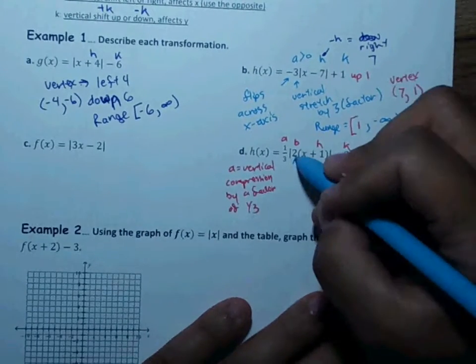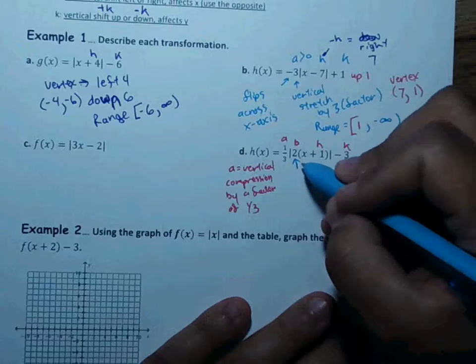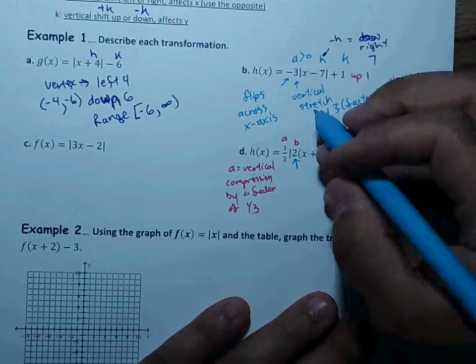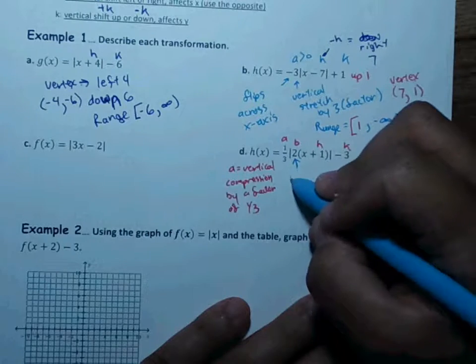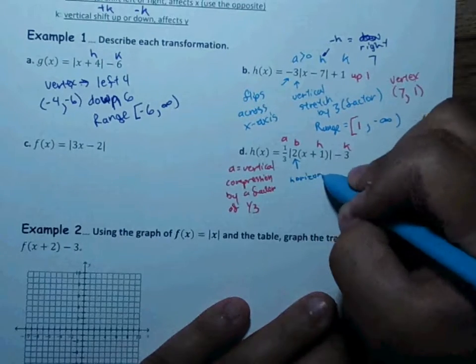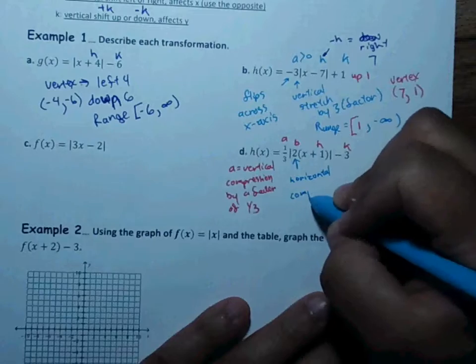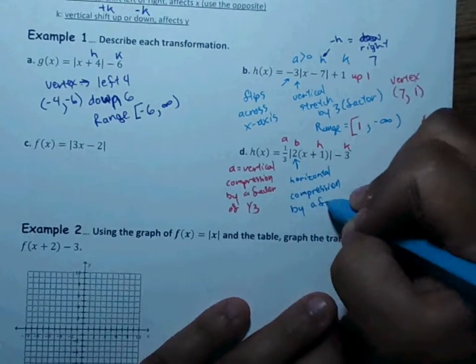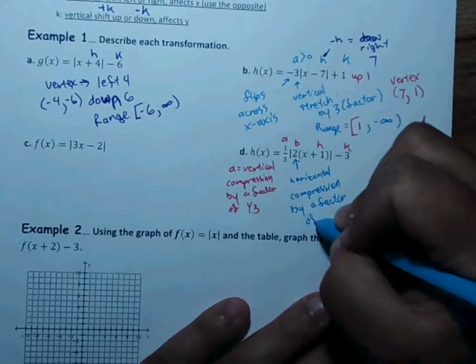Since this is a 2, remember, it is the opposite of what we think. You would think that the 2 would make it stretch, but in all actuality, it is a horizontal compression by a factor of 2.